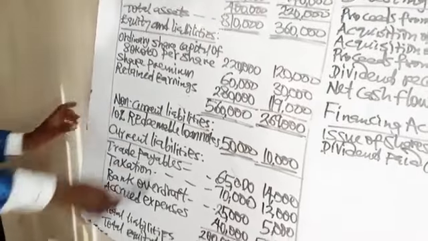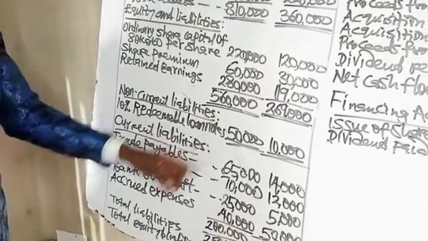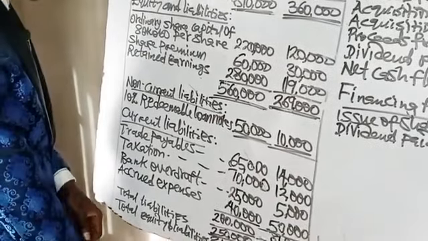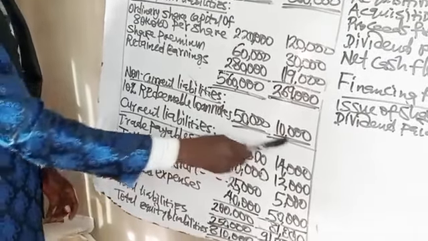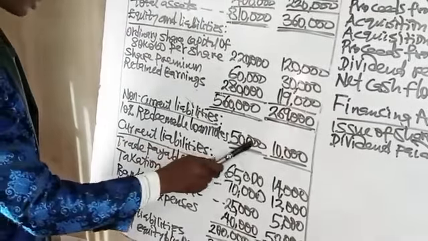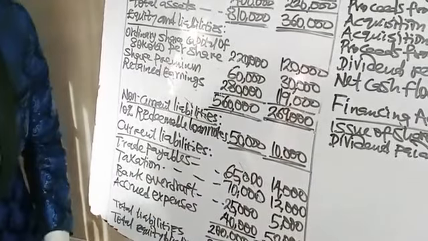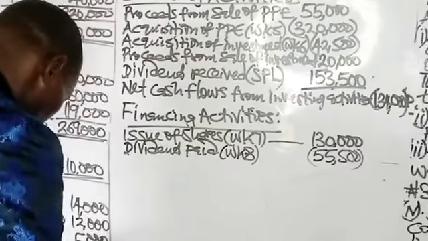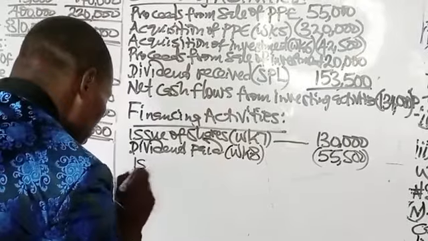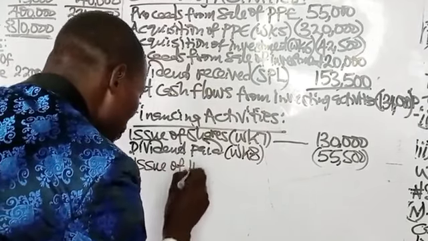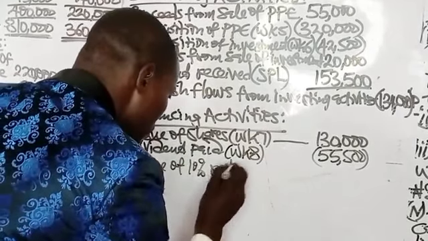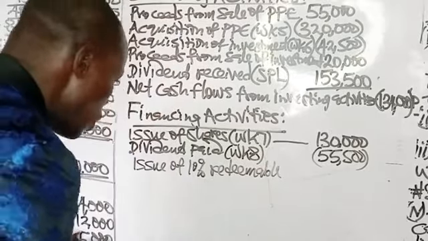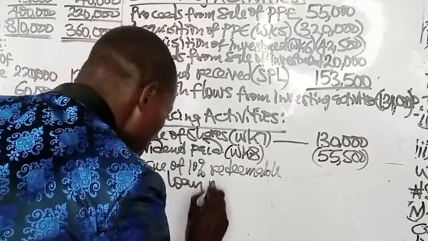Then we have non-current liability, where we have 10% redeemable loan notes. The opening balance amounted to 10 million naira, while the closing balance is 50 million. We have the increase in 10% redeemable loan notes, an increase of 40 million. So we have issue of 10% redeemable loan note.